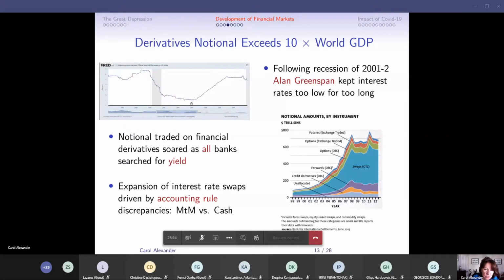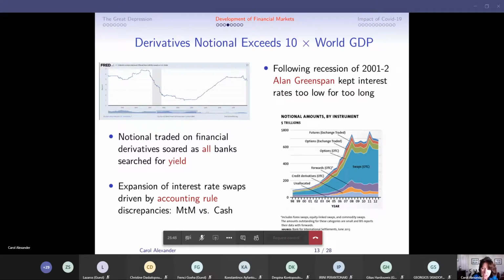In fact, he kept them too low for too long. And during this period, 2002 and 2003, commercial banks were being deprived of their normal business. They were no longer allowed to charge high interest on loans. And so they turned to not just capital markets, but now derivative markets in a search for yield.